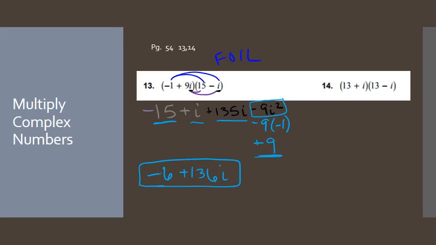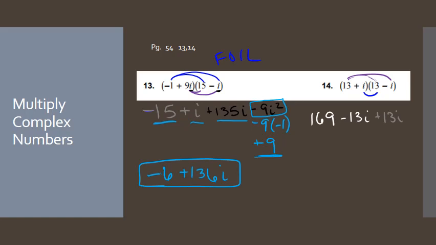Okay, so let's actually try this other one here. So we're going to take 13 and distribute it. And that gives me 169 for 13 times 13, and 13 times negative 1 will be negative 13I. Then we have I times 13 is going to be a positive 13.